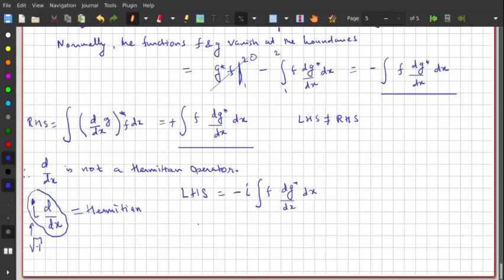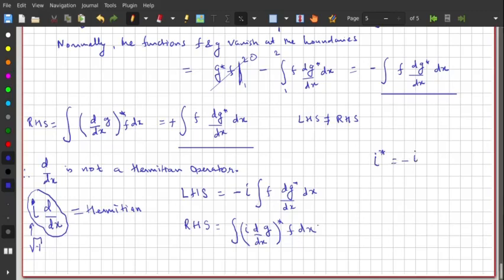The right hand side becomes the integral of i d/dx of g complex conjugate multiplied by f dx. When we do the complex conjugation, i complex conjugate is minus i.